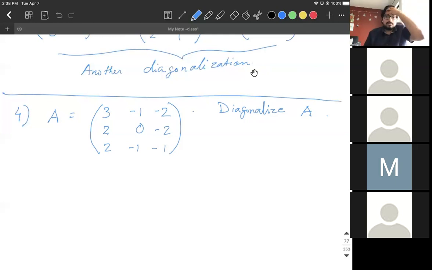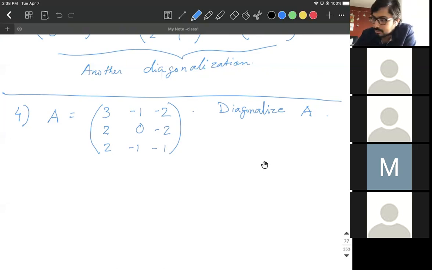In that process, in the second type of problems, you can either argue using some facts that A is diagonalizable without actually finding the diagonal matrix or finding the matrix P. But if you are asked to diagonalize, then you have to find the matrices P and the diagonal matrix D.